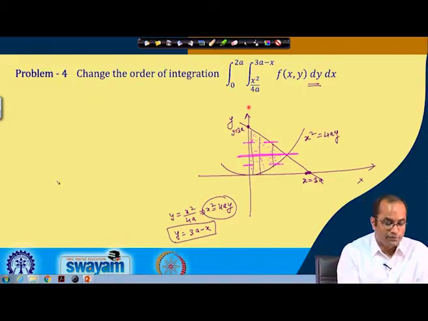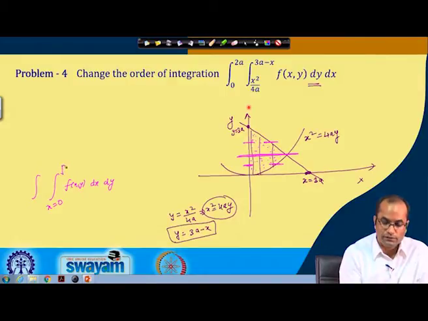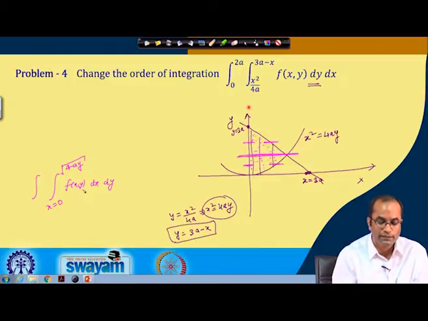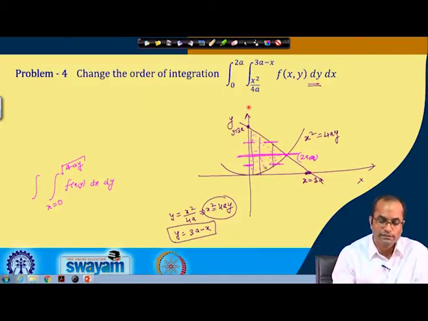So, for the first part we now want dx dy. For x, x goes from 0 to the parabola, which is square root of 4ay, or 2 square root of ay. Then we also have to see what this point is, which will come as 2a into a, so up to y equal to a.